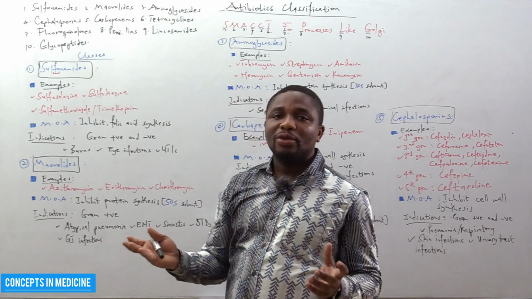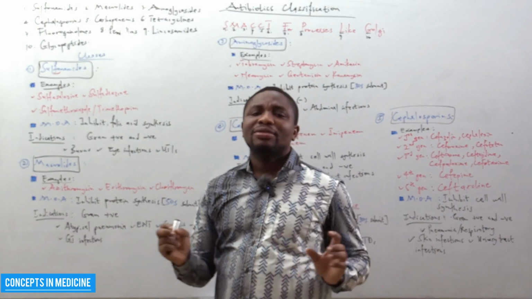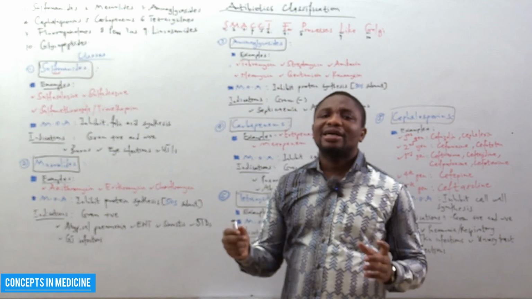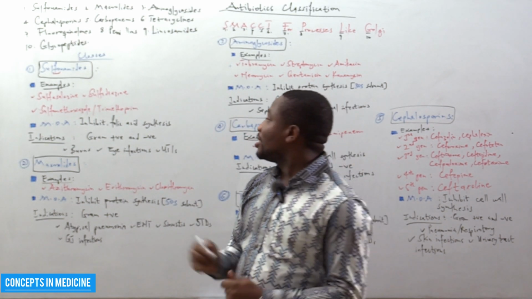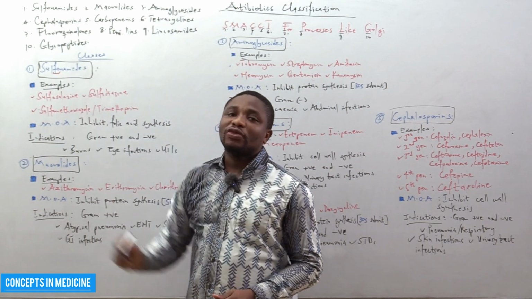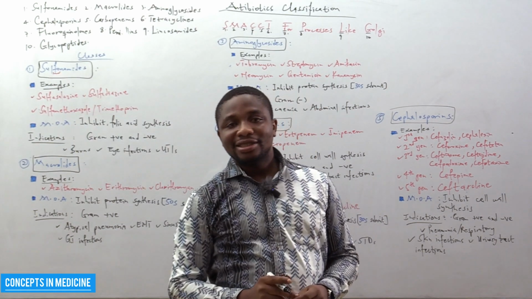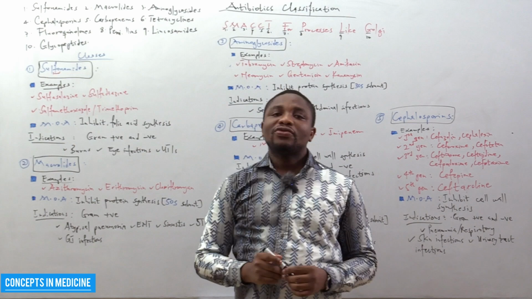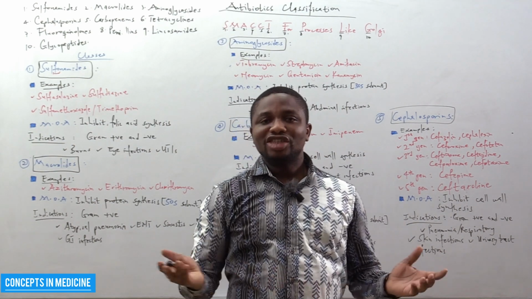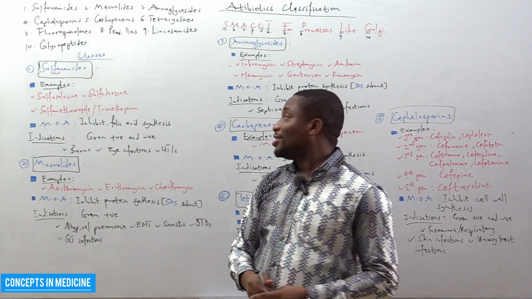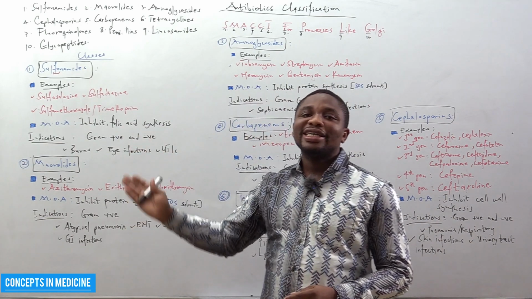The next thing we want to talk about is the mechanism of action. A simple trick is to look at the FO in the sulfonamide. It goes with folic acid. So in that case, we'll say that the sulfonamide inhibits folic acid synthesis. Interesting, right?